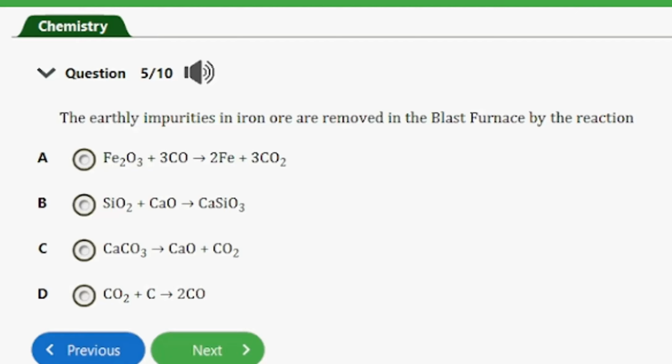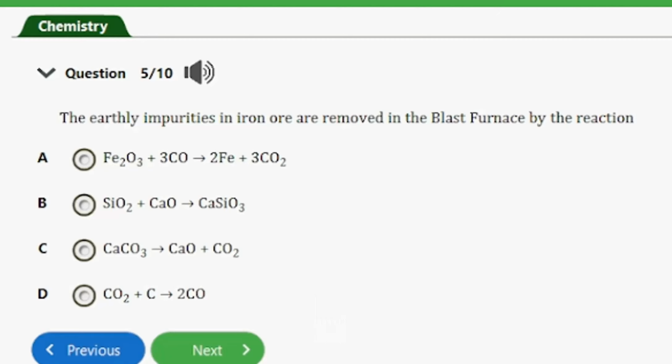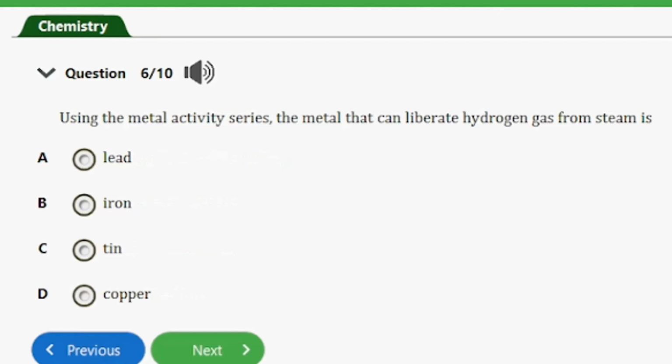So guys, the answer to this question will be option B here. The early impurities in iron are actually removed in the blast furnace by this reaction shown in option B here. So this reaction describes the formation of a slag in the blast furnace, which helps to remove impurities from the iron. So the other reactions here do not describe the removal of impurities from iron ore. So that's it for this question. Option B is the answer. So let's consider the next question.